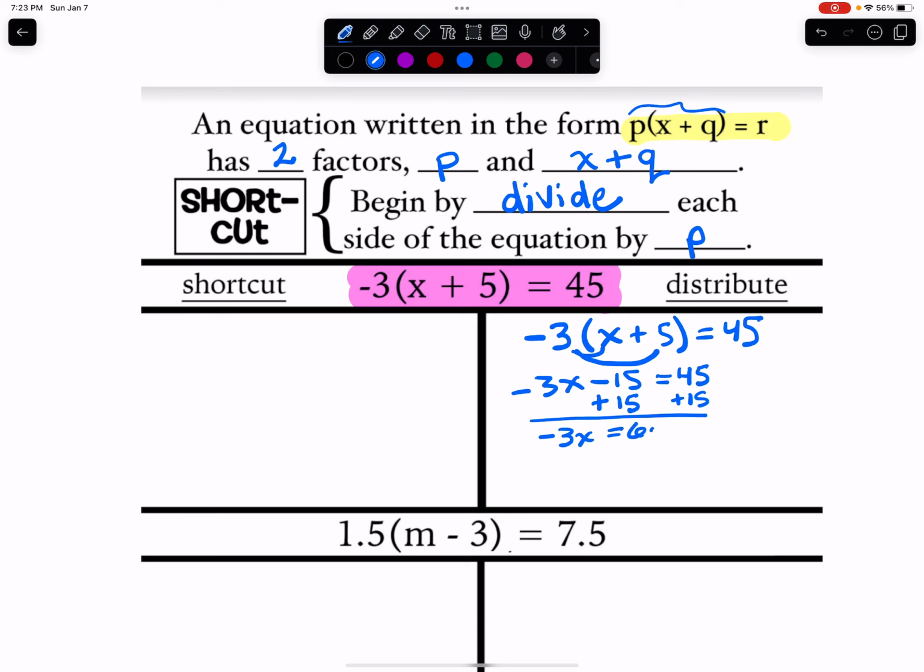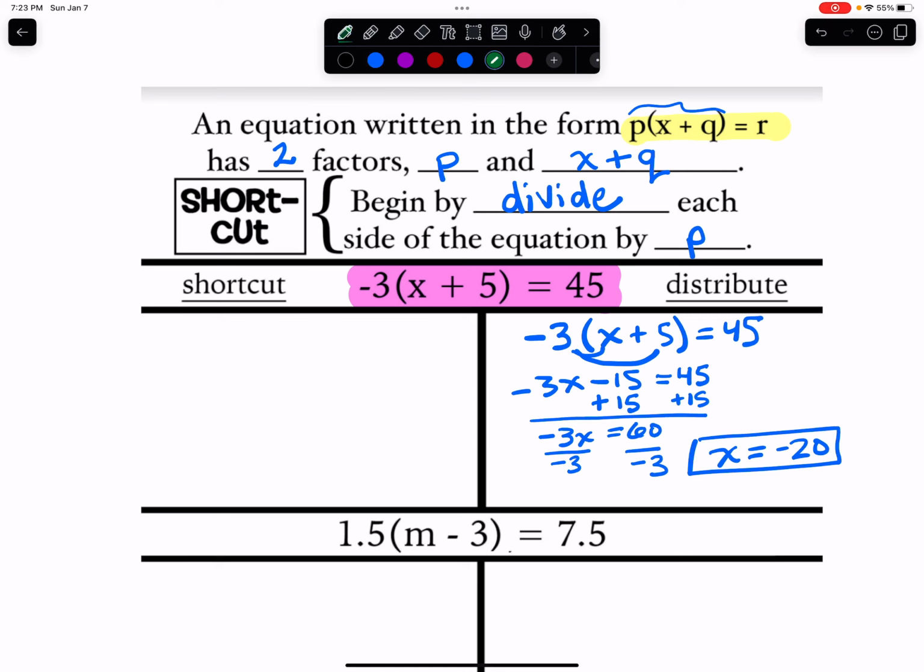This gives us 60. And the second step is to undo the coefficient. The opposite of multiplying by negative 3 is dividing both sides by negative 3. And x is negative 20. So this is how you would probably do it if I had just given you this problem and asked you to solve it. But you can also use a shortcut.